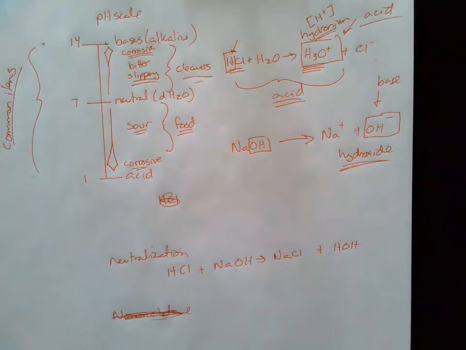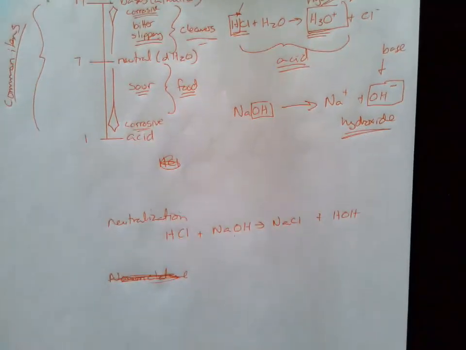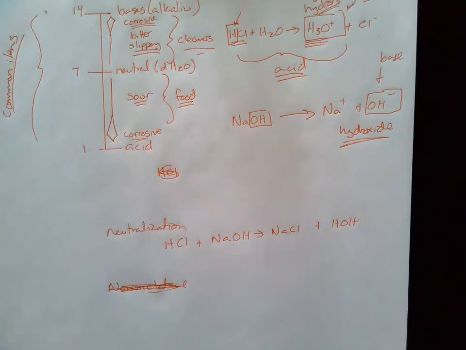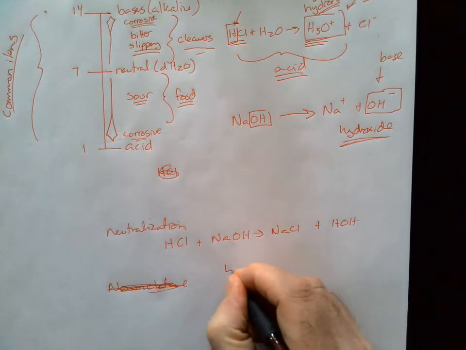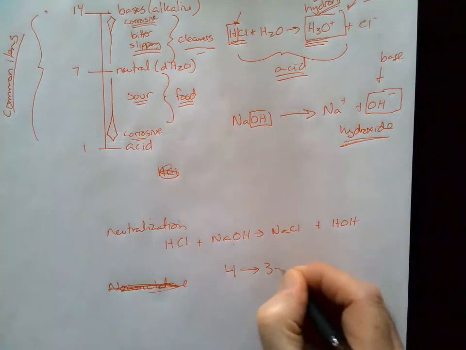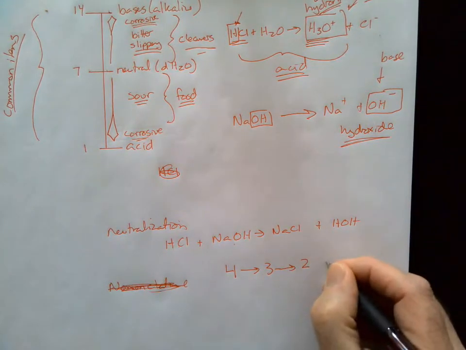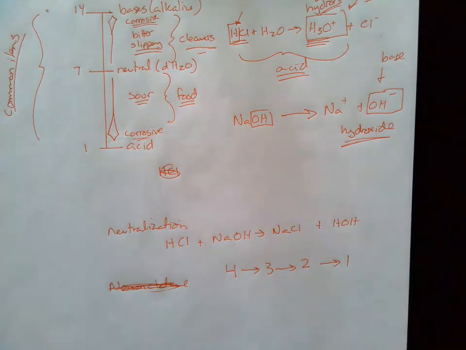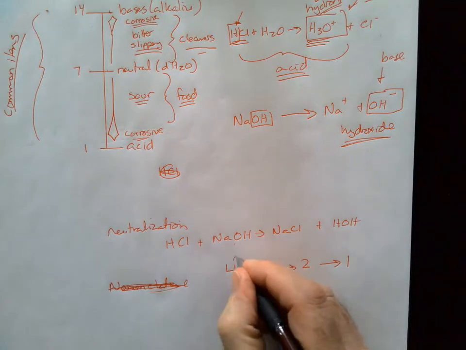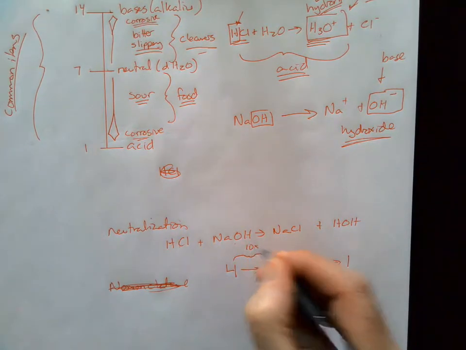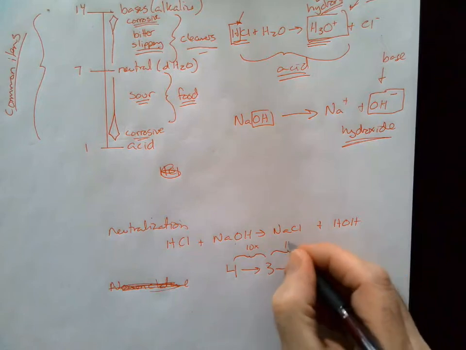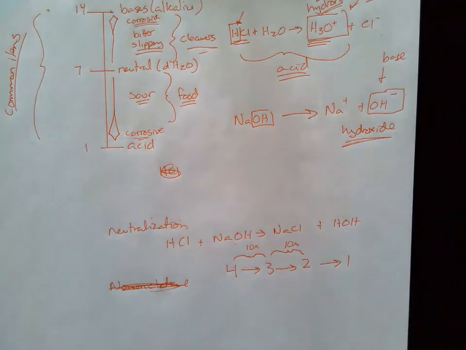Now, let's take a quick look at how the scale works. This is a log scale. What does that mean? If we go from 4 to 3 to 2 to 1, we're getting more and more acidic. Every jump on the scale is 10 times different in strength. 10 times is a huge difference.